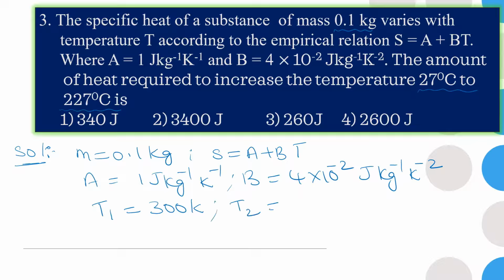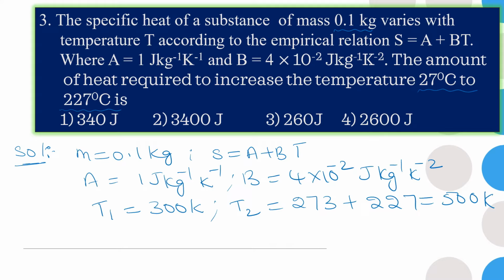T2 is equal to 227 plus 273, that is 500 Kelvin.